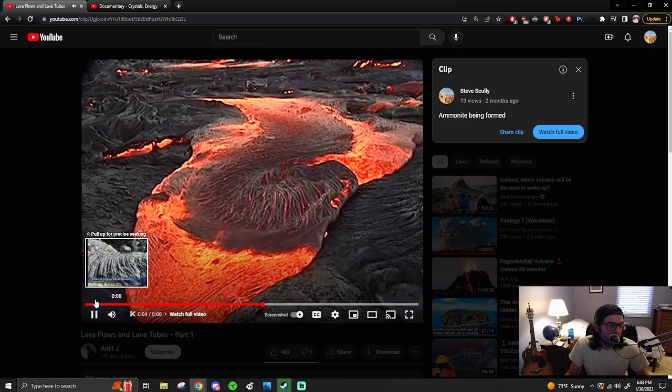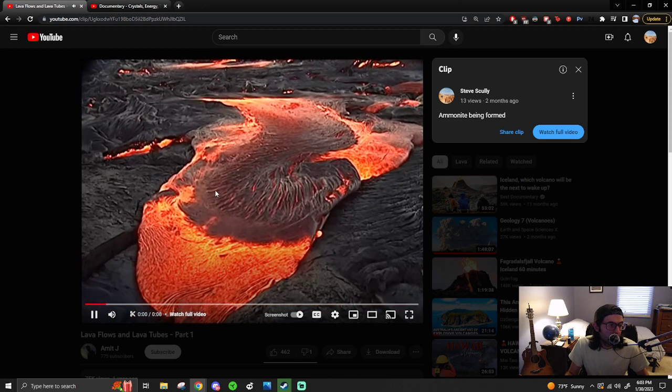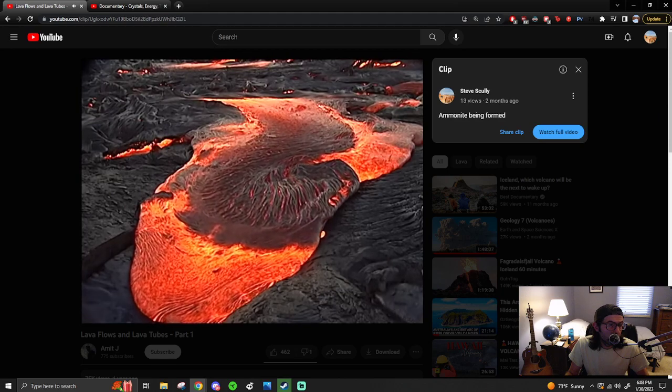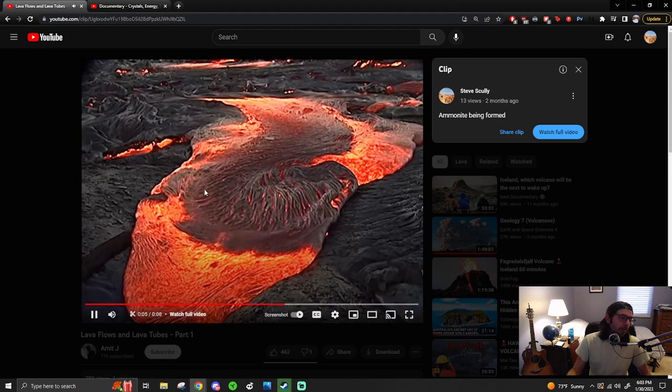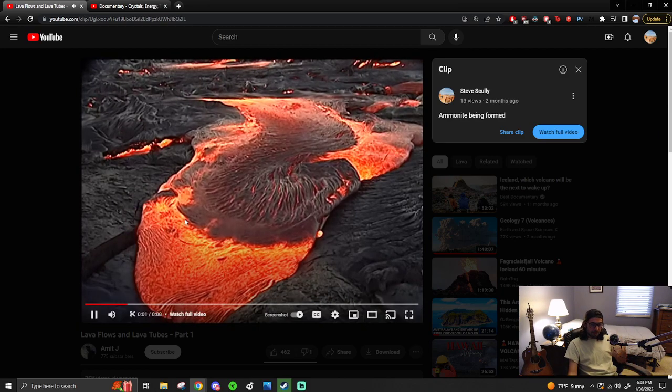The crust may become detached and get completely spun around on the surface of the flow. On faster moving Pahoehoe flows, the crust may become detached and get completely spun around on the surface of the flow.